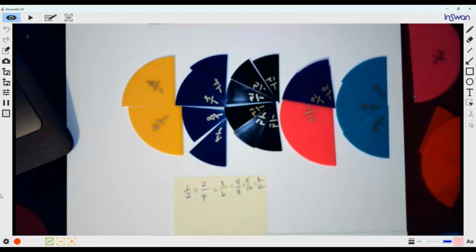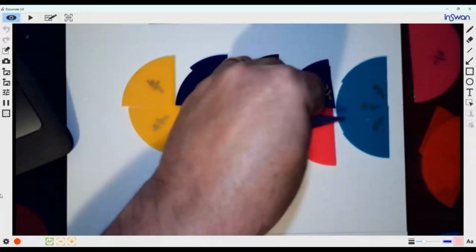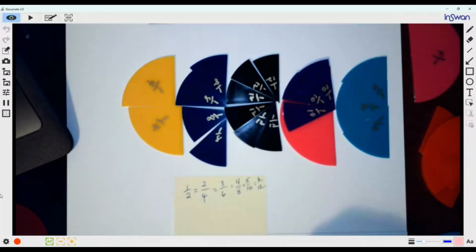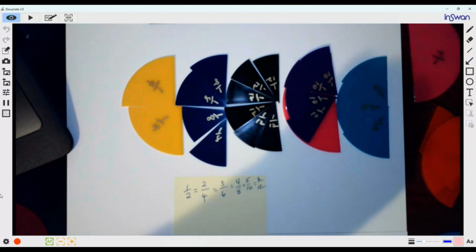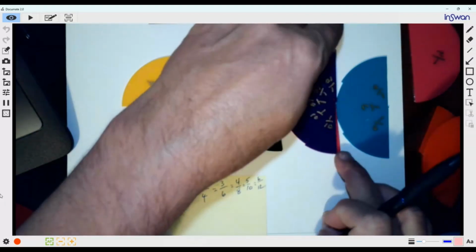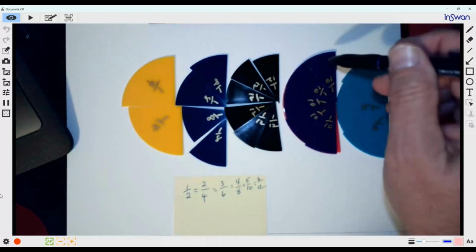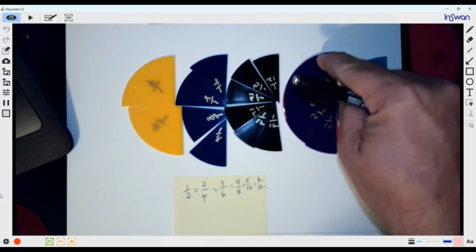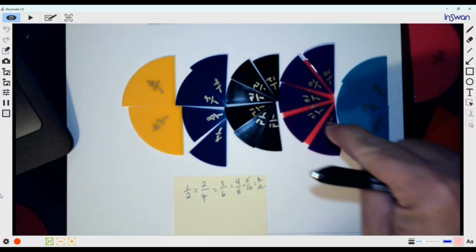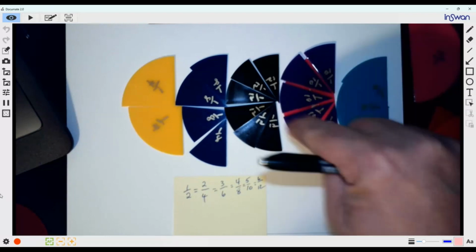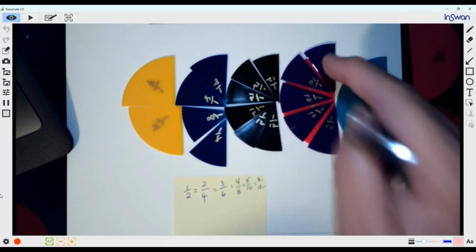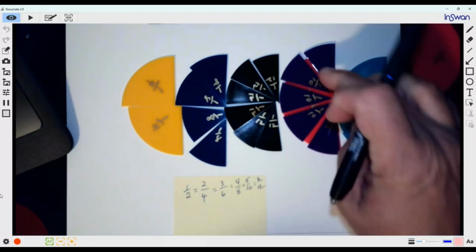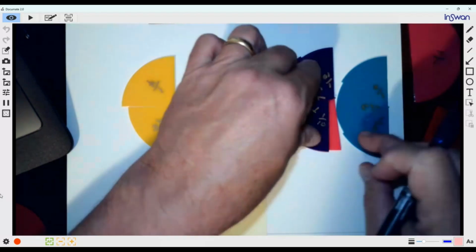We should be able to get 5 of these 1/10 pieces to fill up 1/2. Okay. So if we took the half and broke it up into 5 equal pieces, then each of those pieces is a tenth of the whole circle. So half are 5/10.